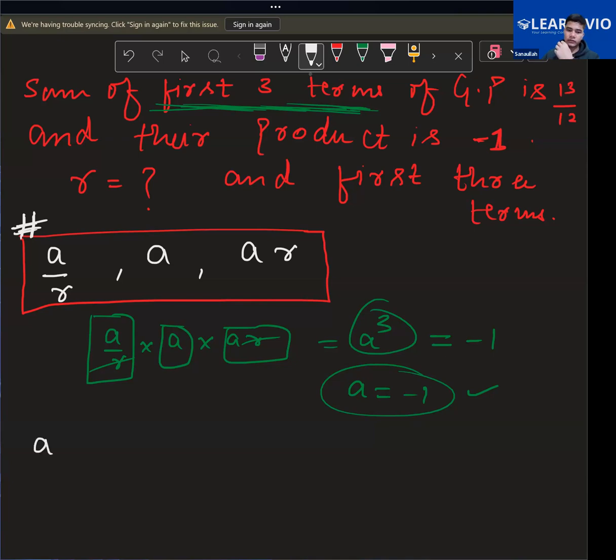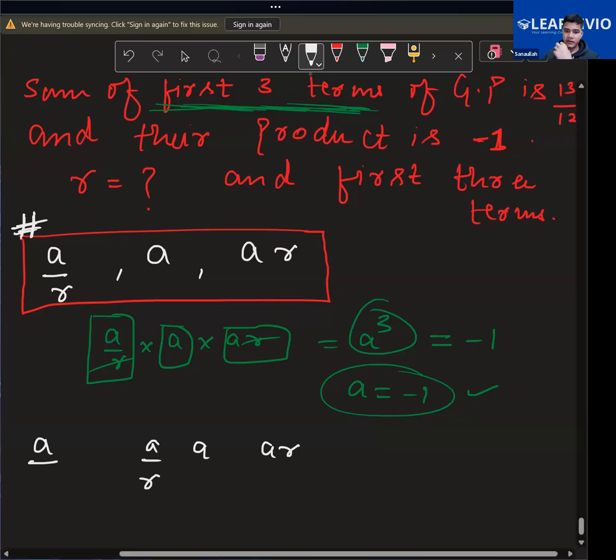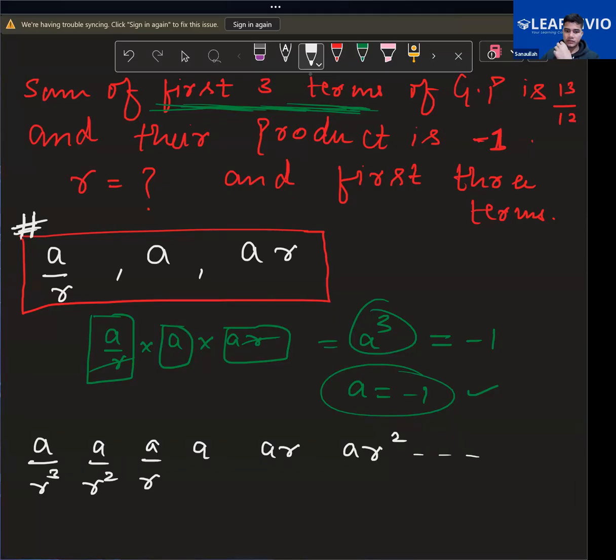In that case, it starts from A, then AR, A by R, AR square, and so on. So you have to think from the middle. If you are going to the right, you multiply by R. If you are going to the left, you divide by R.